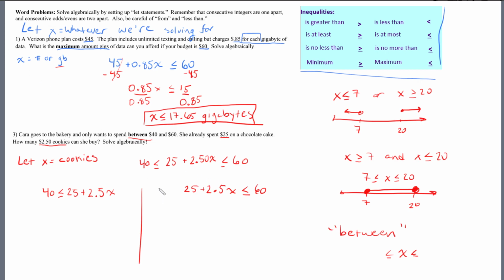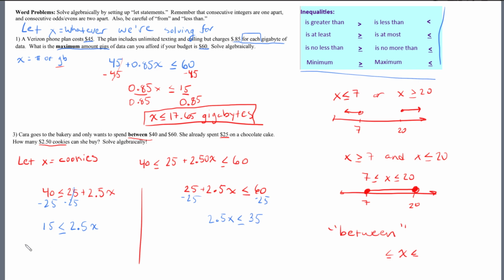So if you're okay with solving it all at once, that's what I'm going to do. So let's subtract 25 from all sides. So we have 15 less than or equal to 2.5x on one side, and 2.5x less than or equal to 60 minus 25, 35.